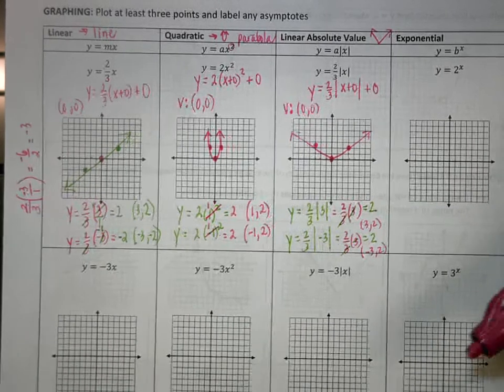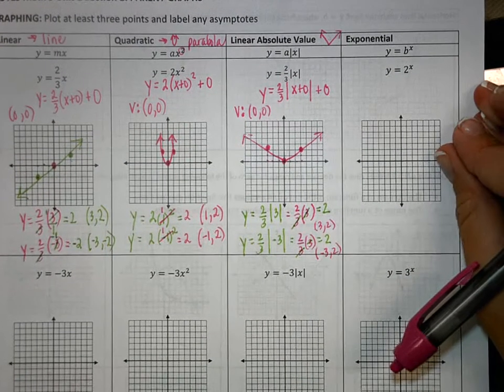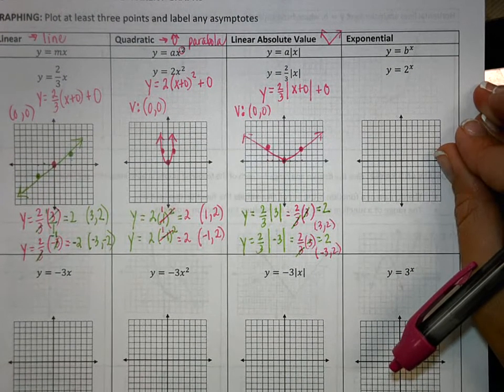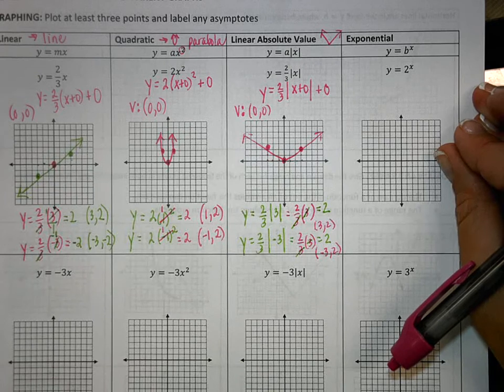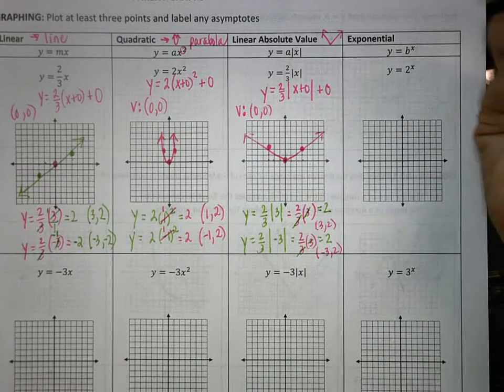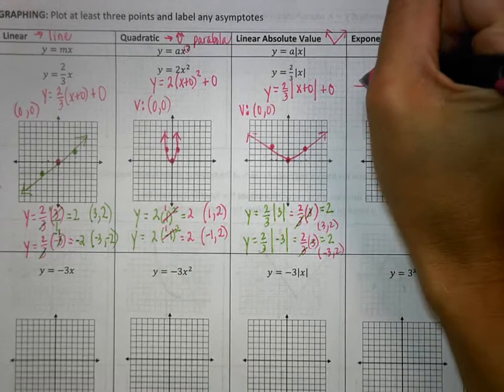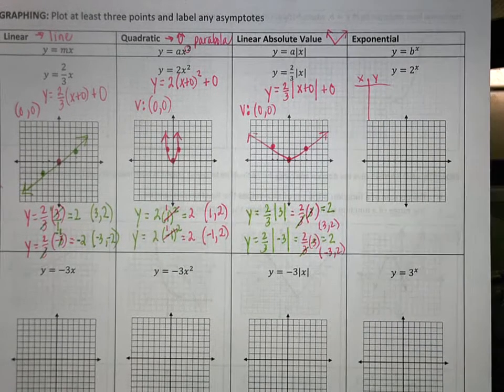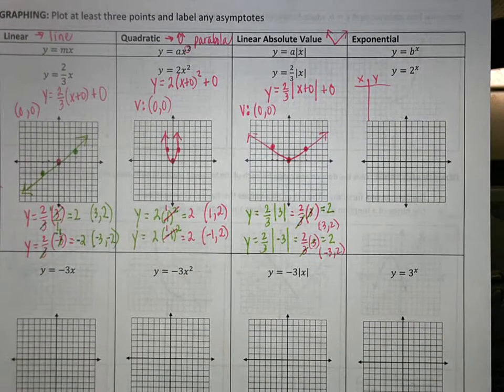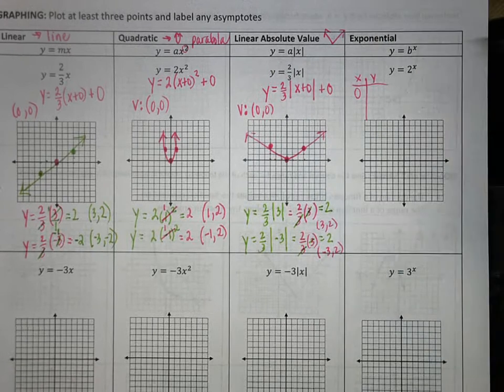Okay, exponential. So for the exponential graph, we're just going to start plugging in values. Oftentimes with the exponential graph, for some reason, I like to make a t-chart. So I'm going to do that with x and y. And we're going to start by plugging in the value of 0.